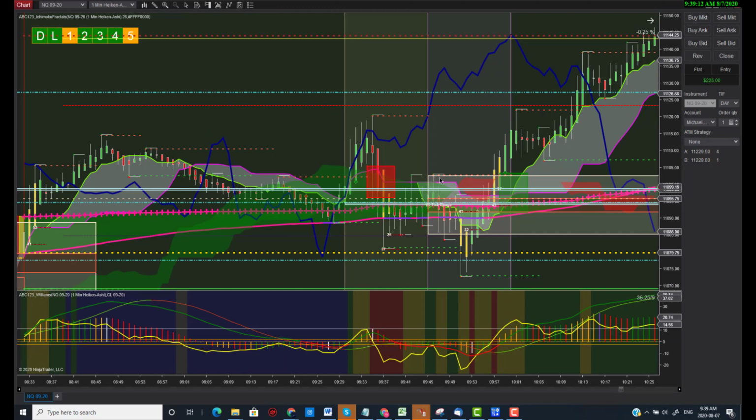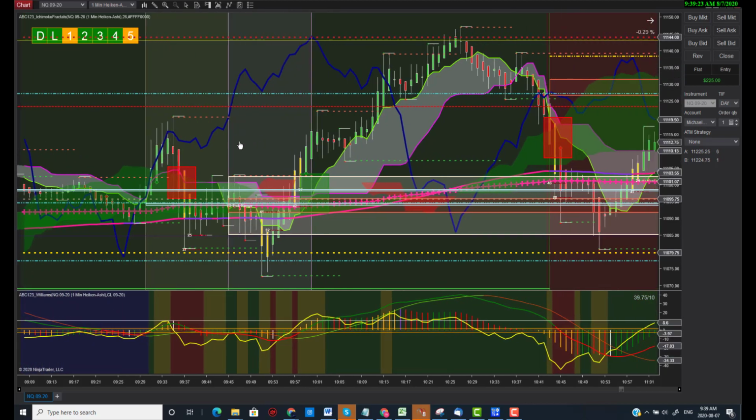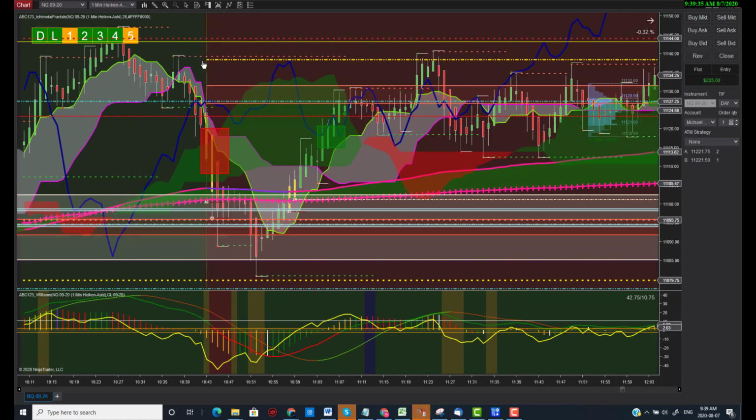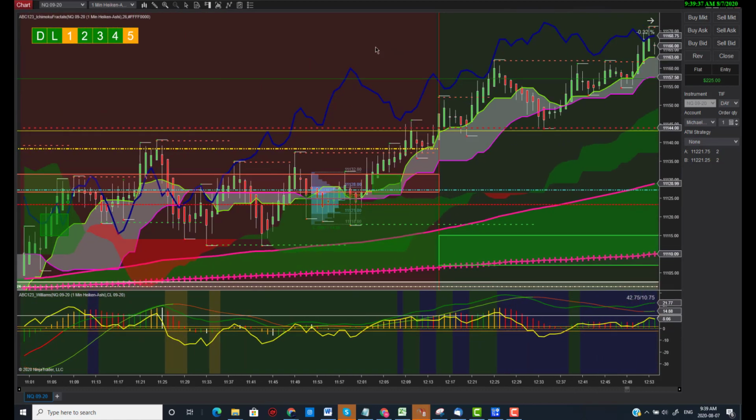So as you can see, it whipped up, it whipped down, whipped up, and then we broke it with a green bar from 10 o'clock on. Had a good run to the high, came back down within the box, retested the box, and then I think it took the trade for the rest of the day. There we go.